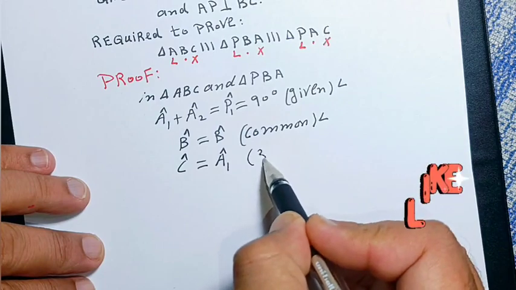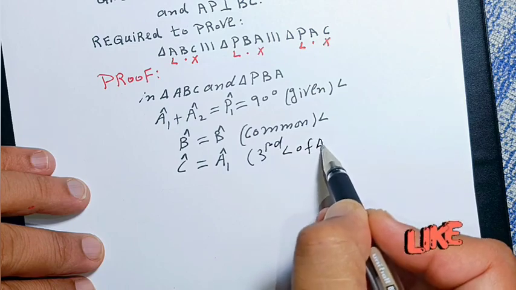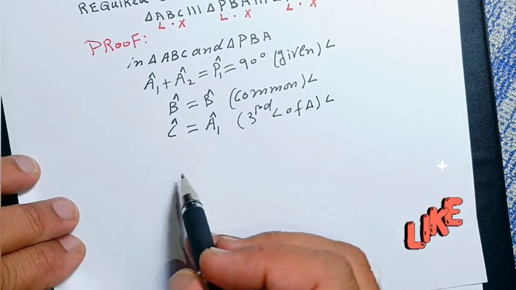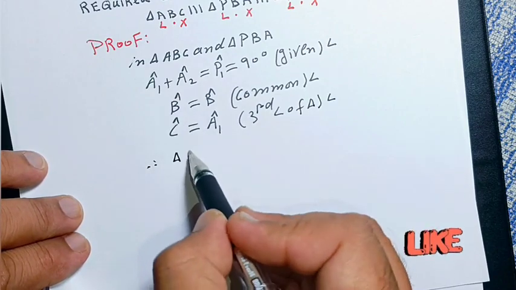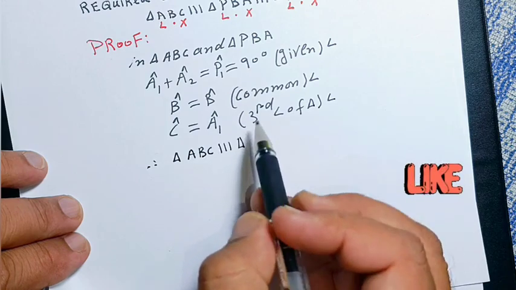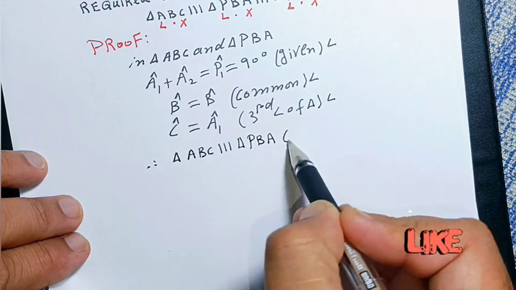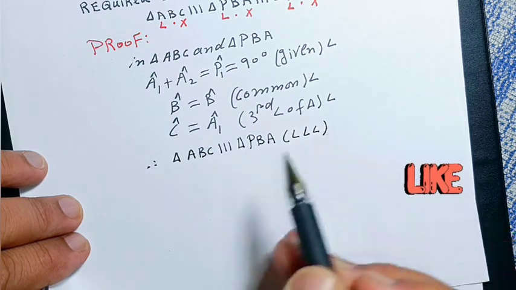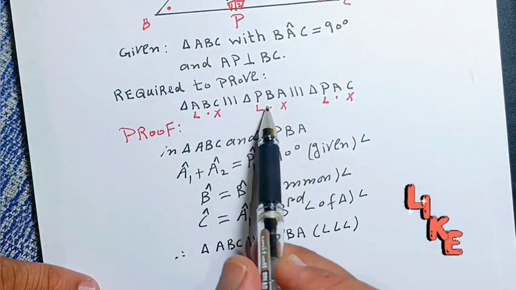That's the reason: third angle of a triangle. This is my third angle. Therefore triangle ABC is similar to triangle PBA, and the reason is angle, angle, angle. So there I proved the first one, triangle ABC similar to triangle PBA.